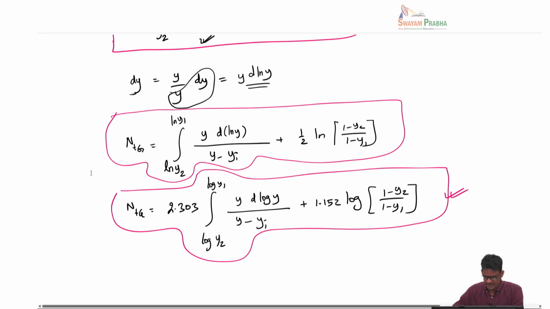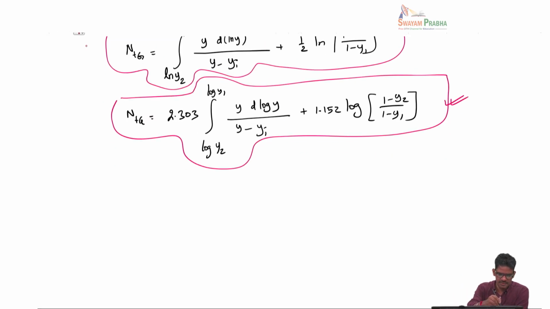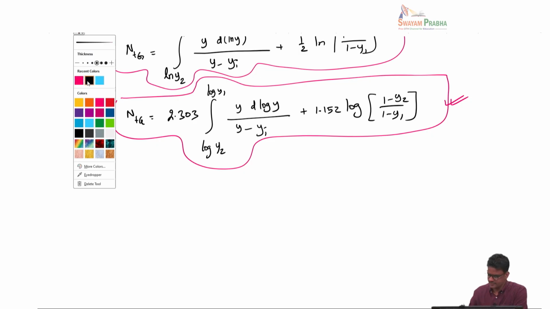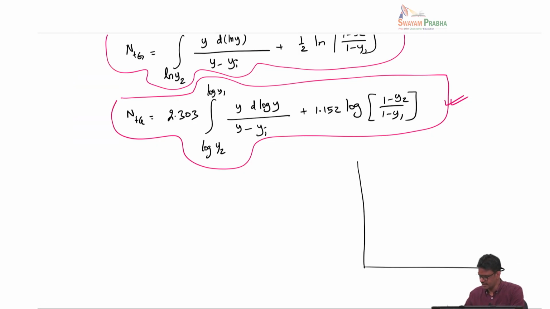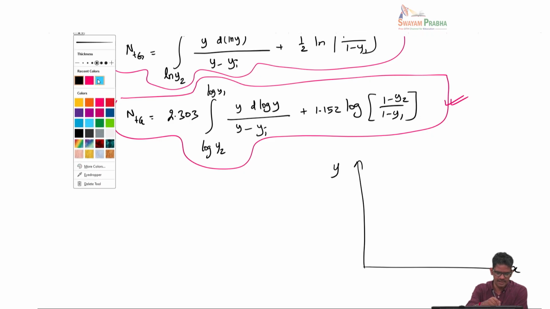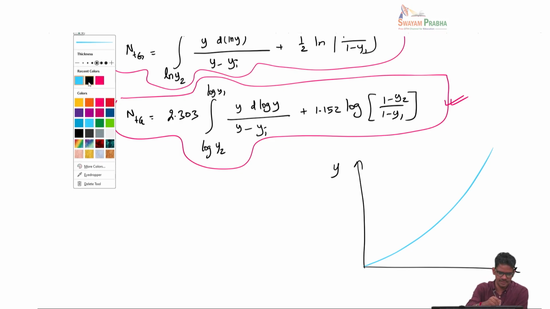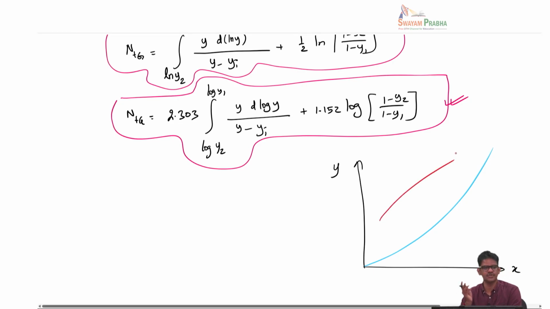Okay, so just to catch up and summarize, I want to re-emphasize the importance of this integral here. We have y and x. Again, I am using mole fractions, not mole ratios here, and I have my equilibrium line, not necessarily a straight line, and then my operating line, also not necessarily a straight line because this is in mole fraction units.